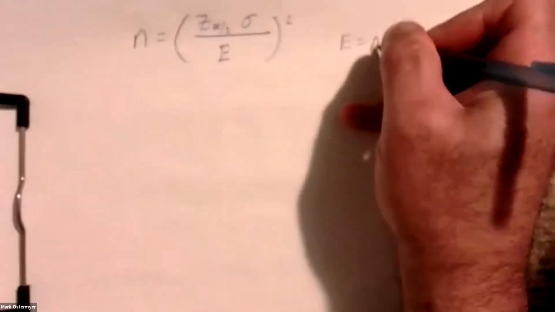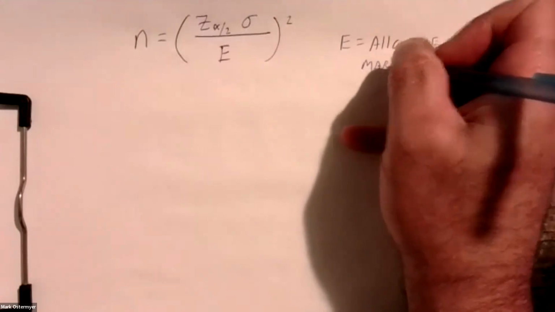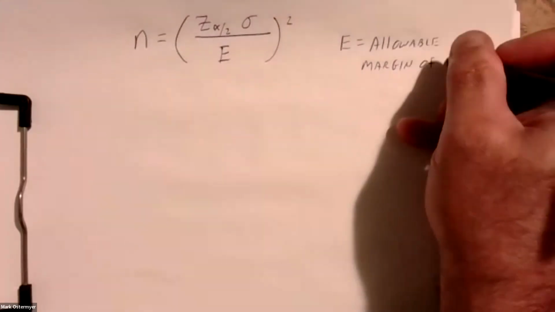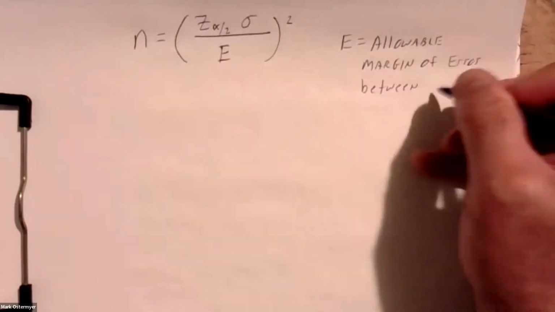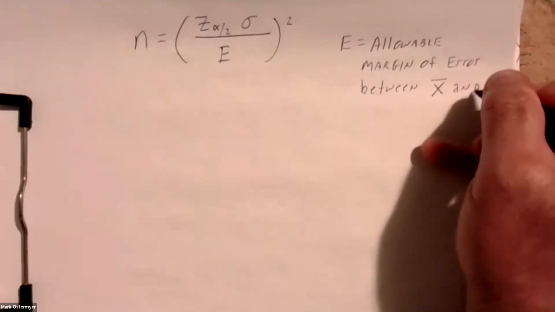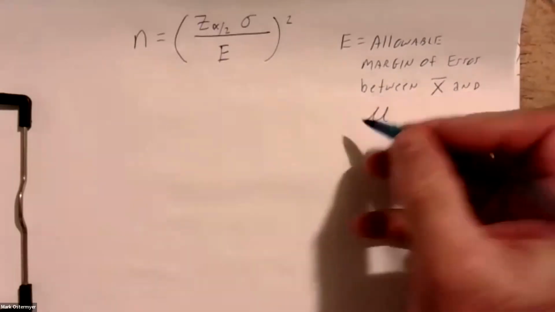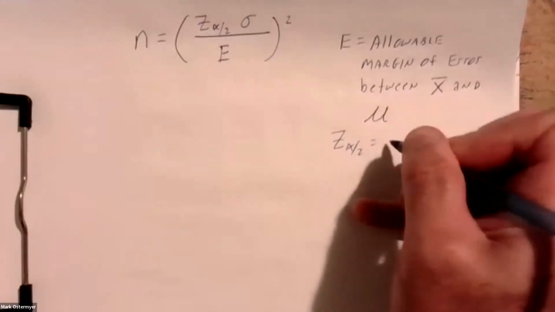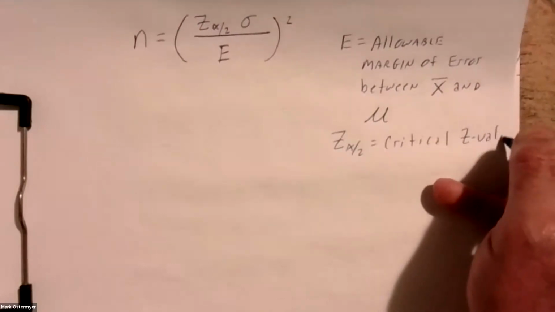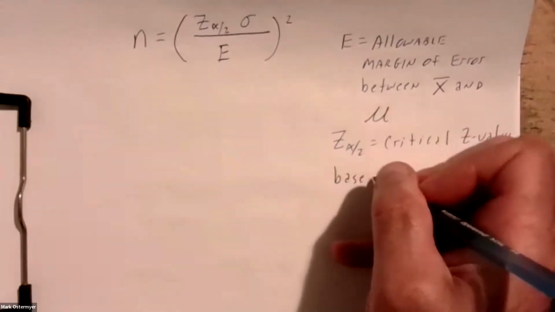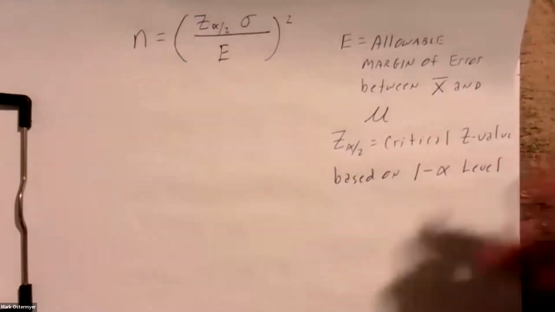E again is the allowable margin of error between our sample mean and the unknown population mean. This is our critical Z value based on 1 minus alpha level of confidence.